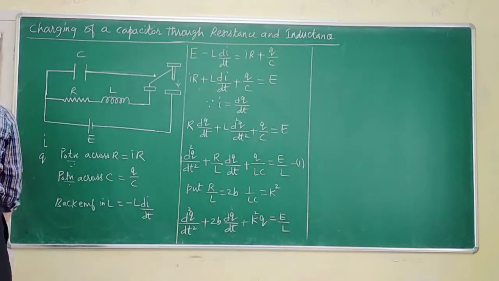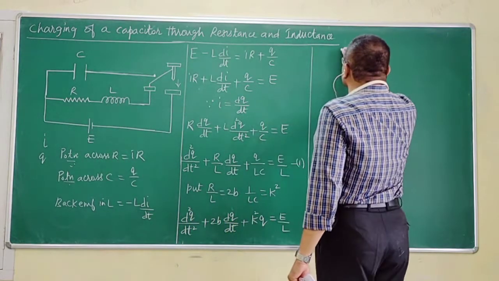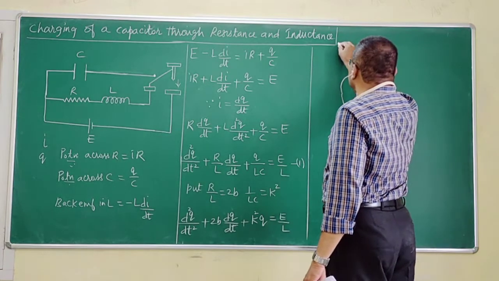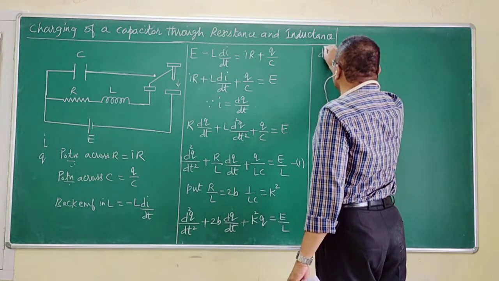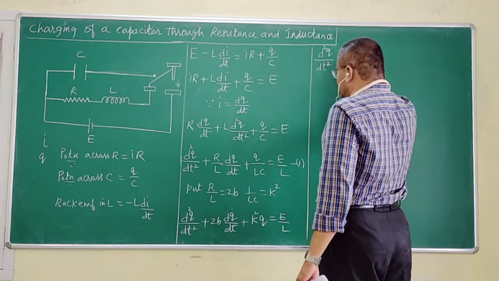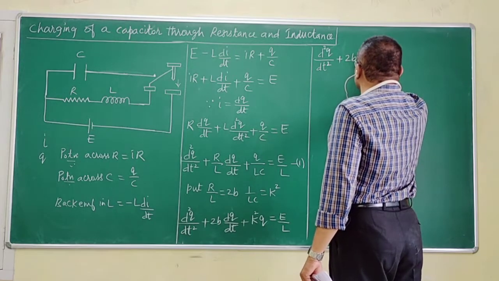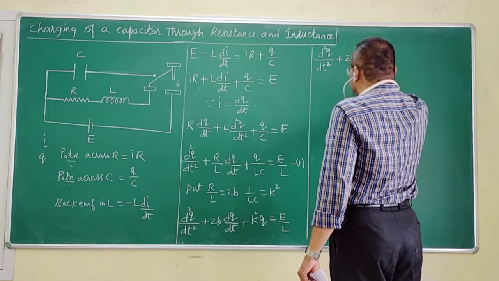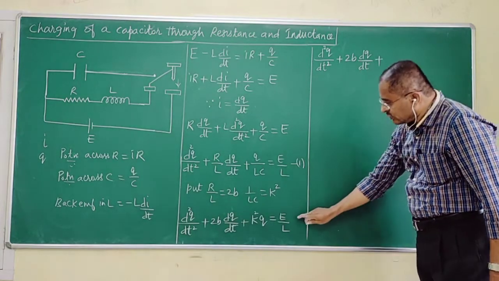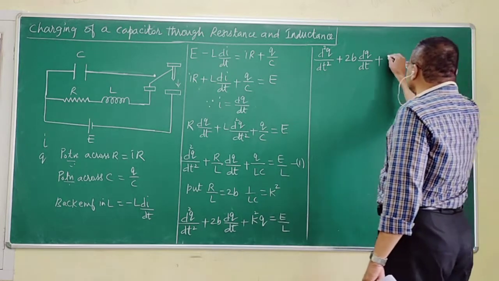Now, we will try to rearrange this expression in this fashion. d squared q by dt squared plus 2b dq by dt plus, I am going to bring E by L to that side, which means a minus sign will be there.